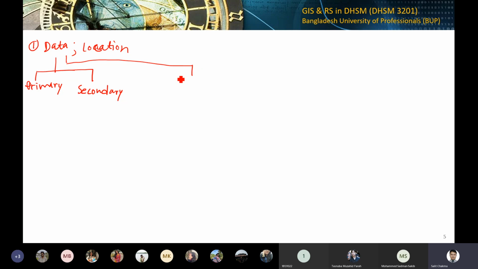So we can say it's explicitly geographic, or we can say it's implicitly spatial or geographic, but let's say spatial.